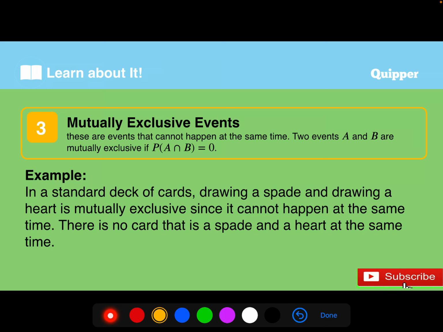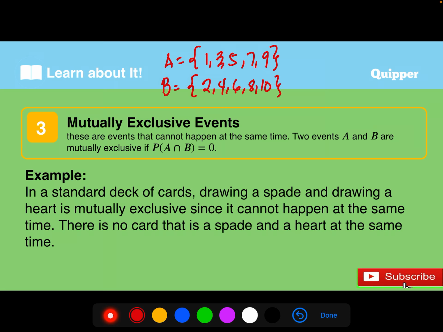An example of this is: if we have set A equal to 1, 3, 5, 7, and 9, the set of odd numbers from 1 to 10, and set B equal to the set of even numbers from 1 to 10, which is 2, 4, 6, 8, and 10. So if we find the intersection of A and B, there is no intersection since there is no common element. So that is mutually exclusive events.